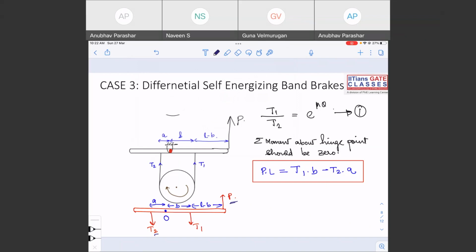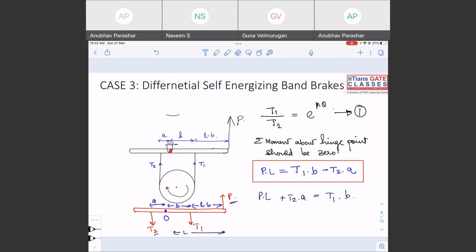So what can I write? I can write P into L, the total distance is L, plus T2 into A, the distance from the hinge point is A, is equal to T1 into B. Because T1 is producing clockwise, while the effort P and T2 are producing anti-clockwise, both are opposite.